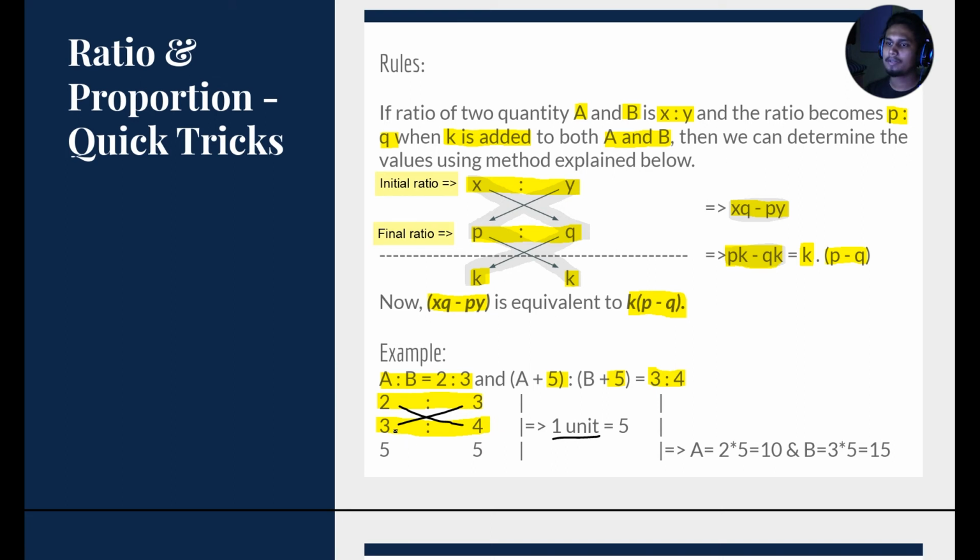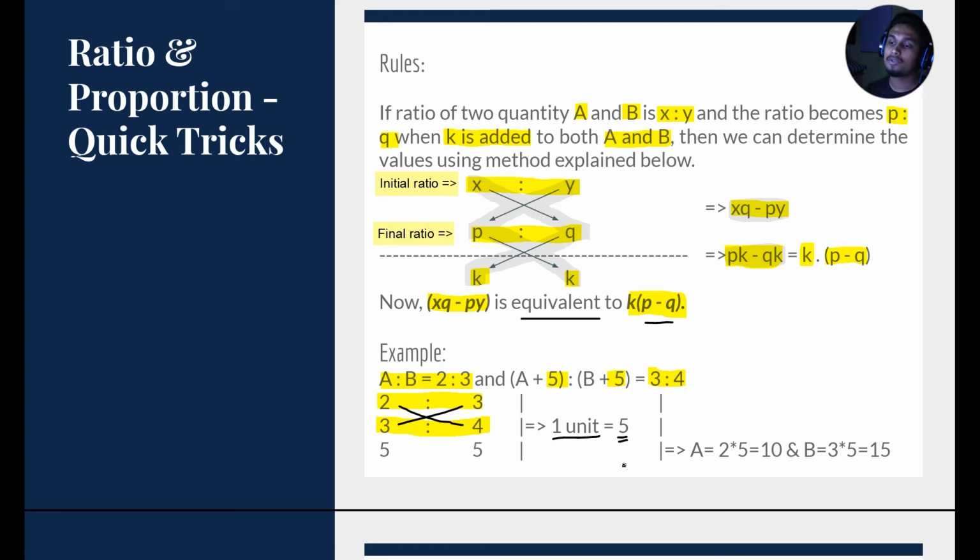And again we just have to get the difference of p and q, that is 3 and 4, that is 1 unit. Correct. So 1 into 5, that means 5 is the value. Now we can see that both are equivalent, so 1 unit will be equal to 5.